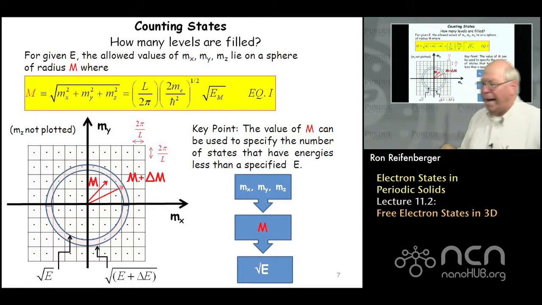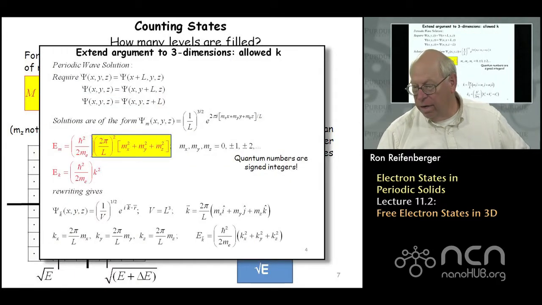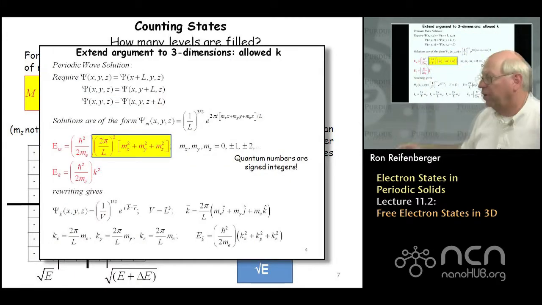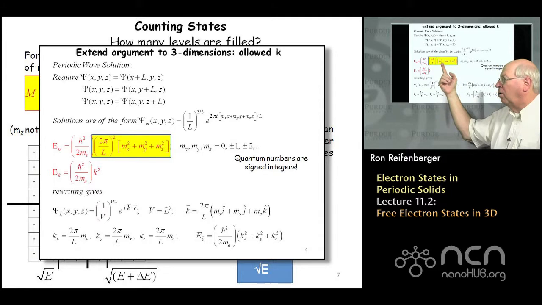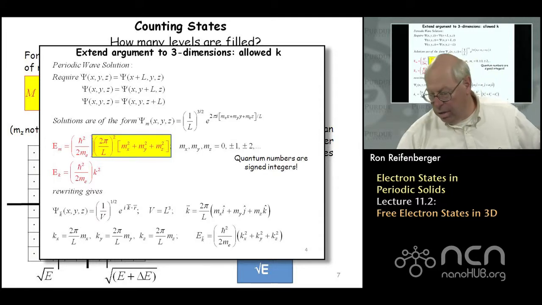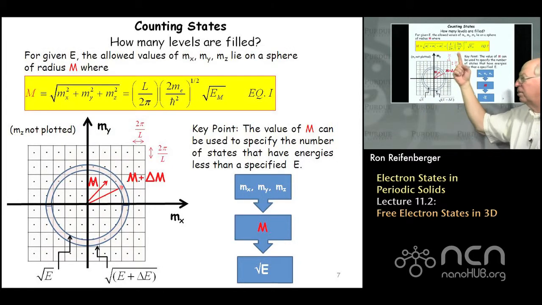And so if you go back to the previous slide, we can solve this expression for the quantity mx squared plus my squared plus mz squared. That's exactly what I've done here, right? We've got this equation, which I call equation 1.